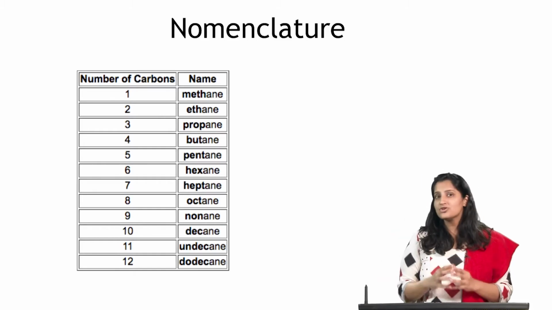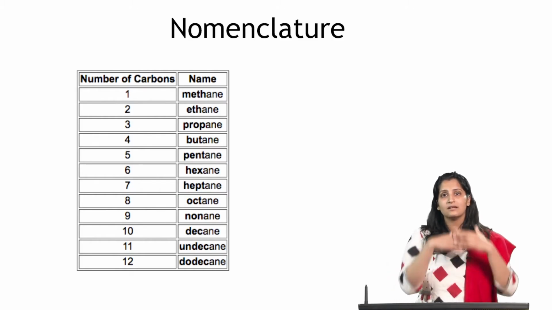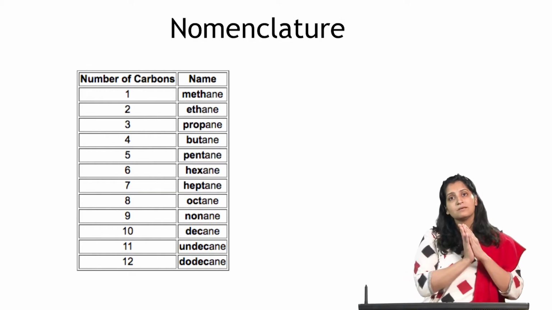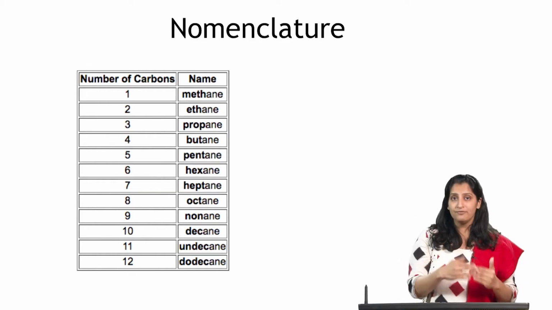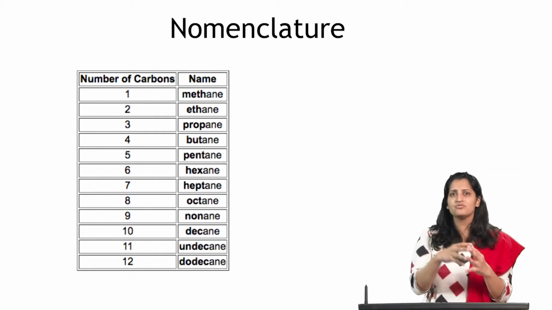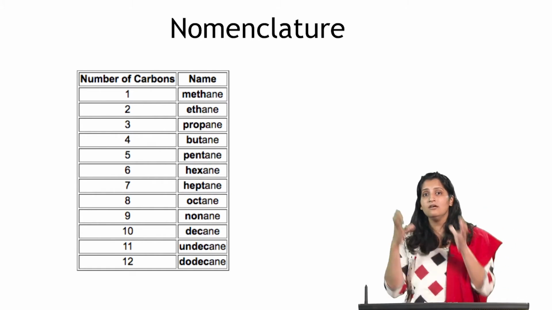IUPAC. I am pretty sure you have seen the nomenclature of alkanes before, and we had said that any name of an organic compound really contains a prefix and a suffix. The prefix indicates the number of carbons or their arrangement in this particular molecule, and the suffix indicates the functional group.